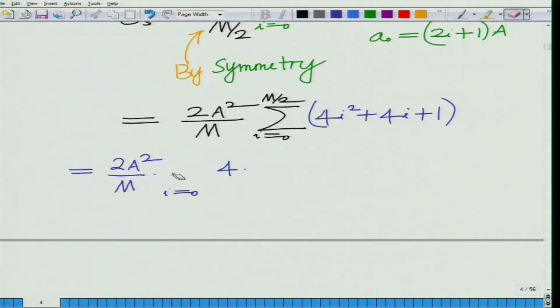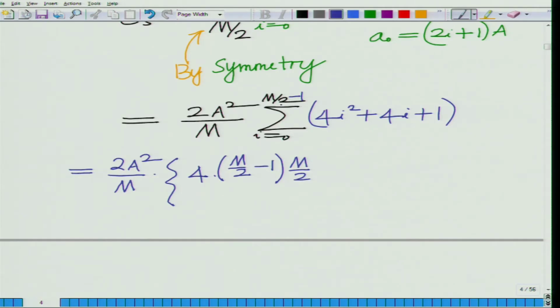So, 4 summation i squared would be 4 times, from 0 to, of course, M/2 minus 1. Summation of squares up to n is n into n plus 1 into 2n plus 1 divided by 6.